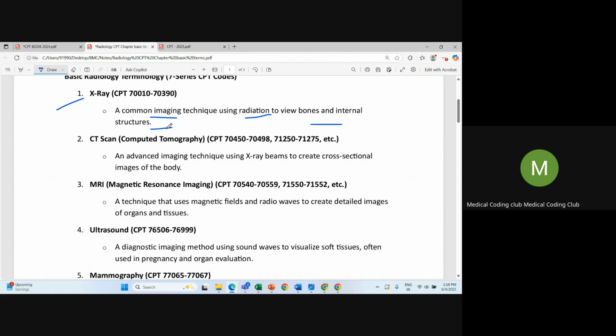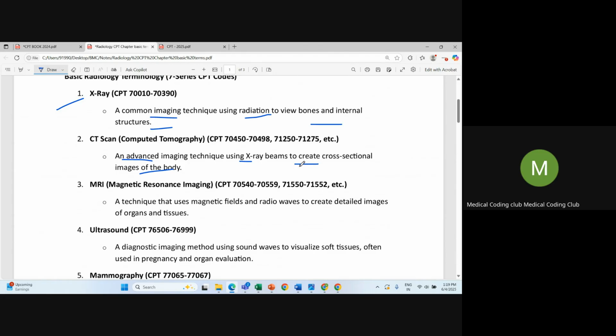And coming to CT scan, computed tomography, it's an advanced imaging technique using X-ray beams to create a cross-sectional image of the body. Okay, so if a cross-sectional image is needed by the provider for evaluation, he will order, you have to take a CT scan.